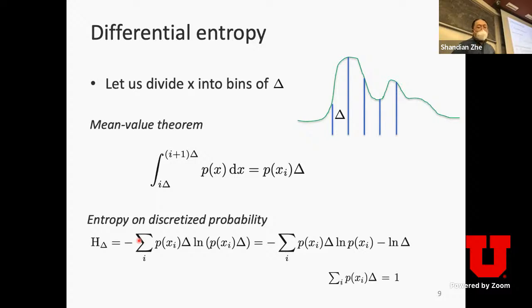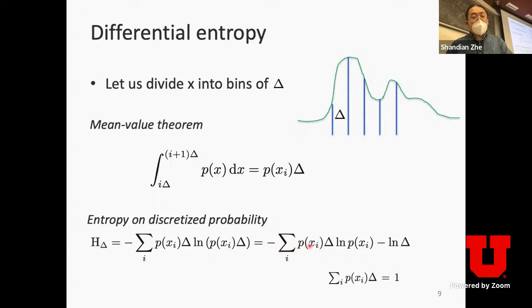But there's a problem here. You can see that the probability is p(x_i) times the bin size delta, and inside this logarithm is also p(x_i) times delta. So if you just move this delta outside, you get this.